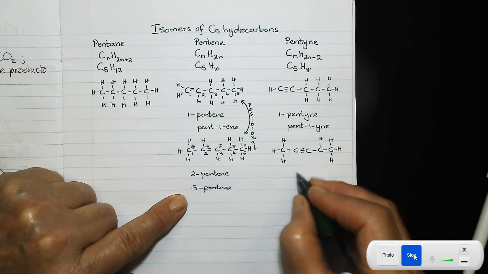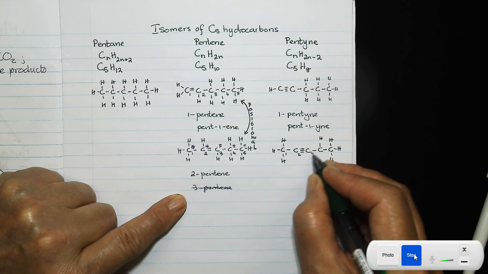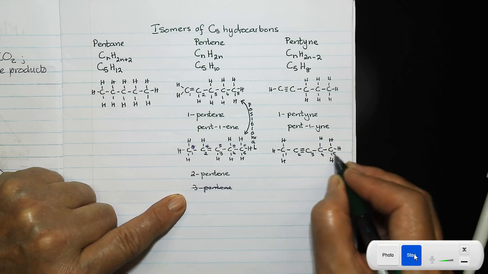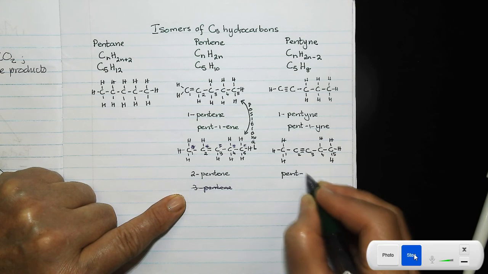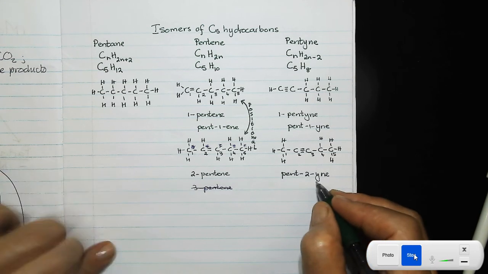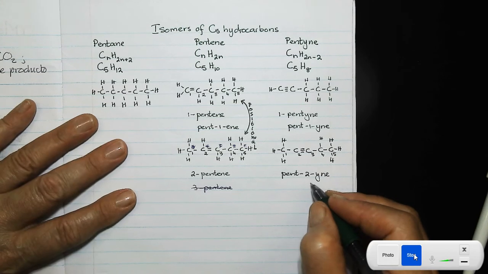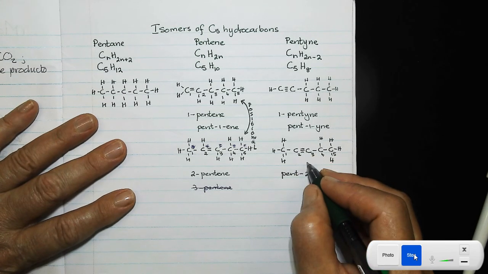So this would be 2-pentyne, or pent-2-yne. That concludes the positional isomers of pentene and pentyne.